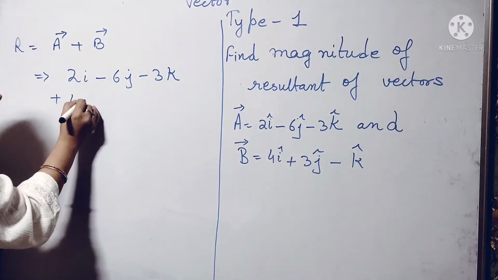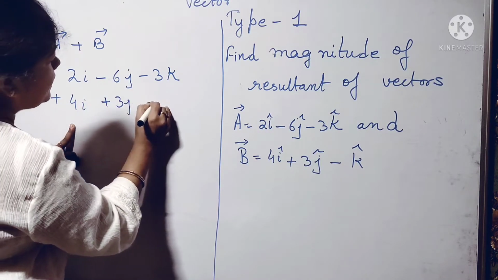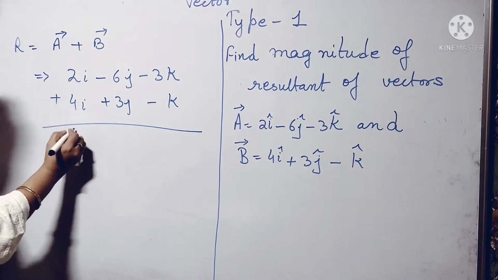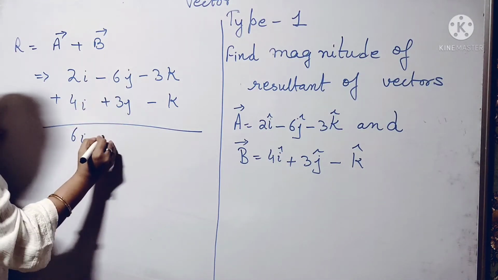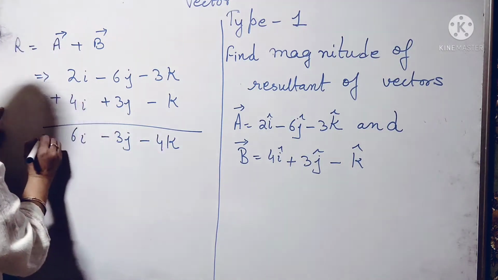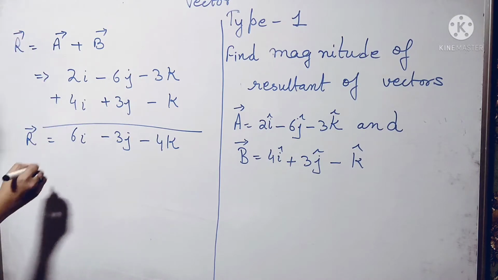Plus, in between I write i, 3j minus k. Now add 2 and 4, 6i, minus 3j and minus 4k. So this is the resultant vector.